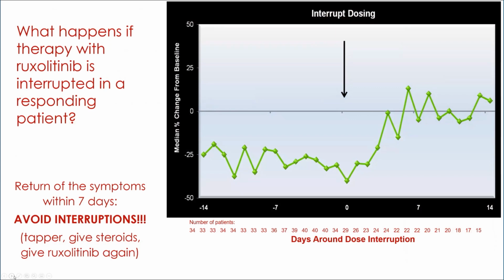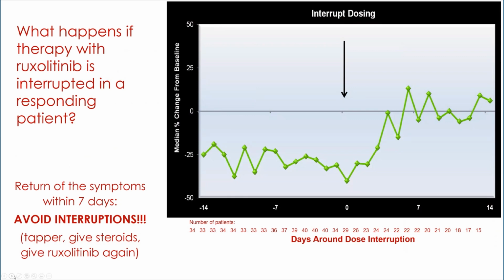Important for everyday practice and as a test question is what happens if you suddenly stop a JAK inhibitor in people who are responding. Remember, it's anti-proliferative and anti-inflammatory. So the cytokines, the inflammation, is part of the disease. That's why people don't feel well, and are controlled well with JAK inhibitors. And as it's known for ruxolitinib and written in the FDA description of its side effects, when you stop it cold turkey in people who are responding, the symptoms come back within 7 to 10 days.